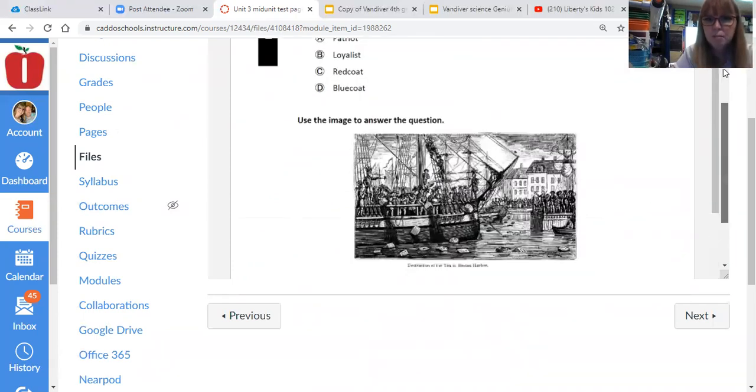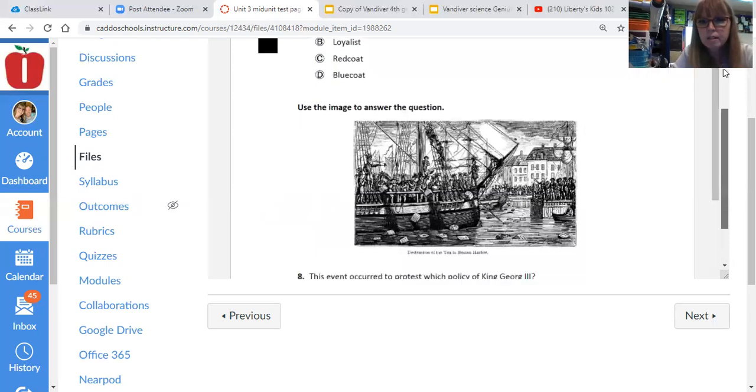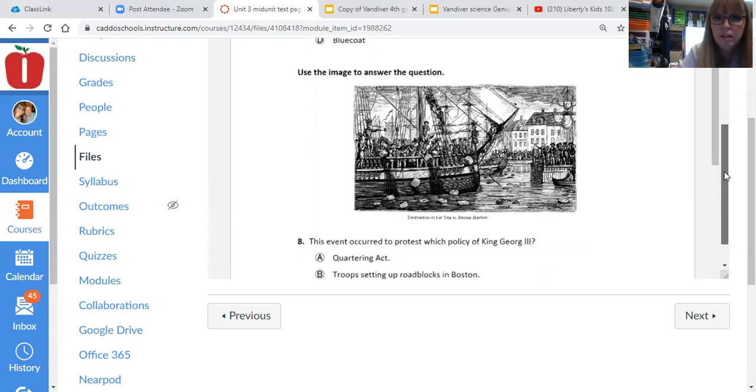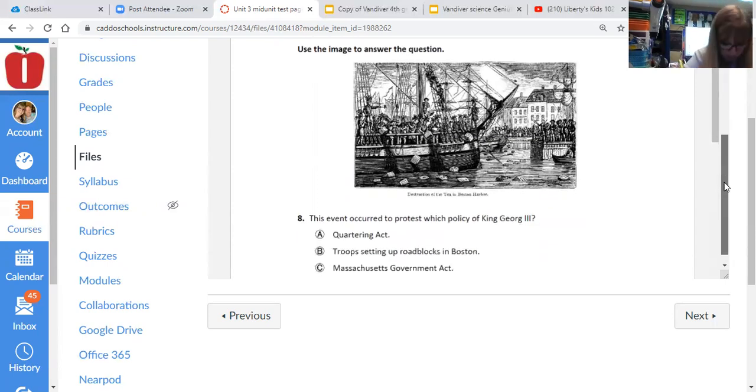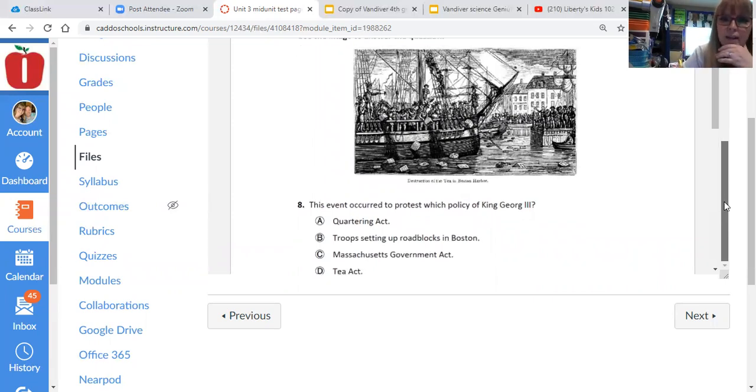This image we've seen multiple times. It says just under it, destruction of the tea in Boston Harbor. Okay. This event occurred to protest which policy of King George III? A, the Quartering Act. B, troops setting up roadblocks in Boston. C, Massachusetts Government Act. Or D, Tea Act.